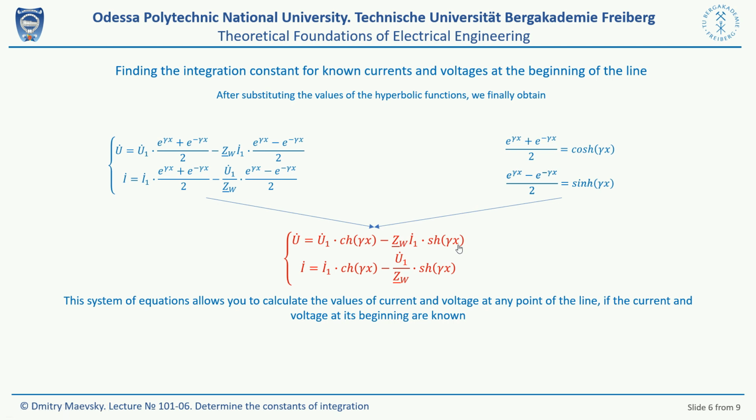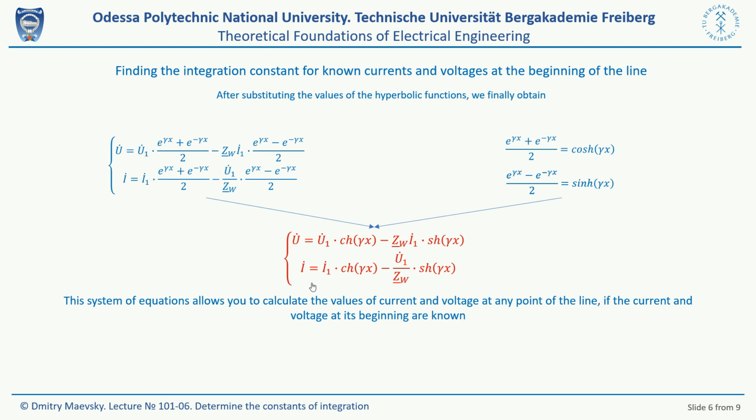These equations allow you to calculate the complexes of current and voltage. However, from the previous lecture, we know that on the basis of known complexes of currents or voltages, one can easily obtain the instantaneous values, that is, determine the law of change of current or voltage over time.